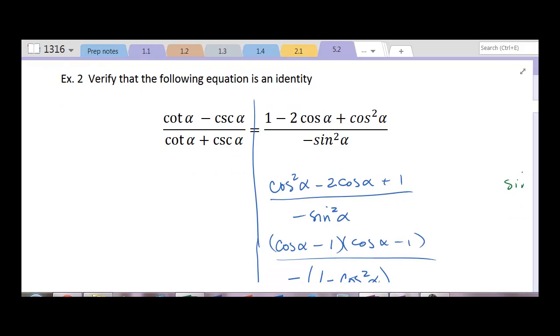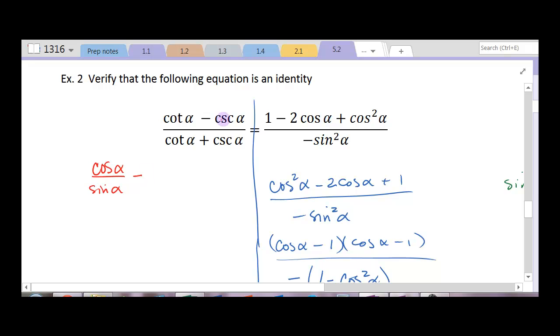So one thing to do is to look here, and I'm going to rewrite this all in terms of cosine and sine. So cotangent becomes cosine over sine, and cosecant is 1 over sine. That's the numerator, and then I rewrite the denominator.